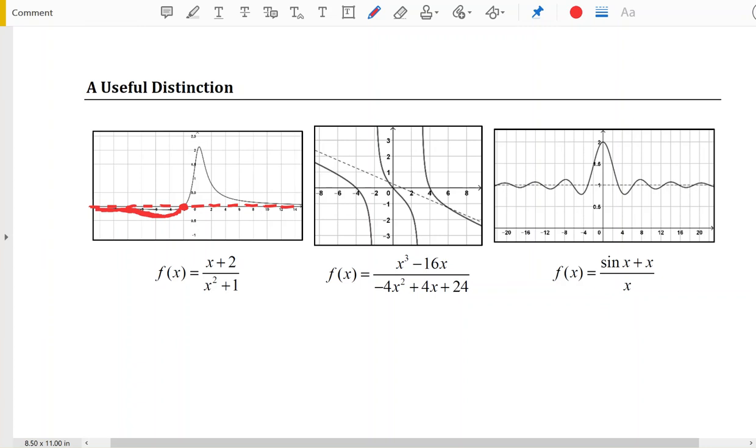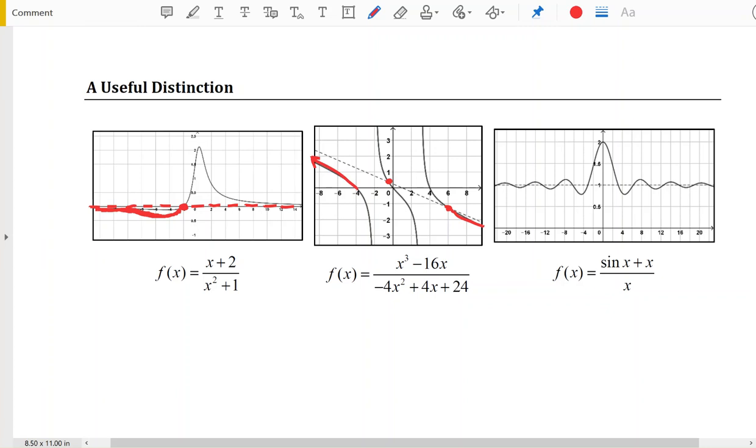In the middle graph, we actually see an asymptote that is crossed twice by the graph. Okay, but we're still going to have behavior on both the left and right side of the graph, where as the graph goes to infinity, it is going to approach that oblique asymptote, the same as we go towards negative infinity.